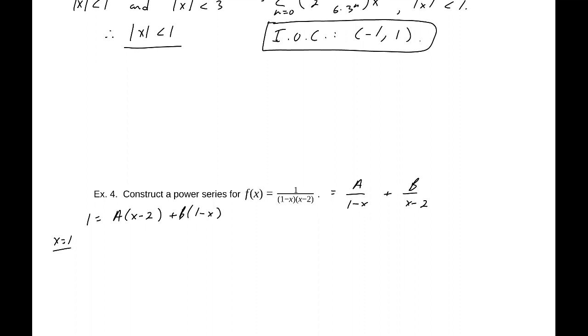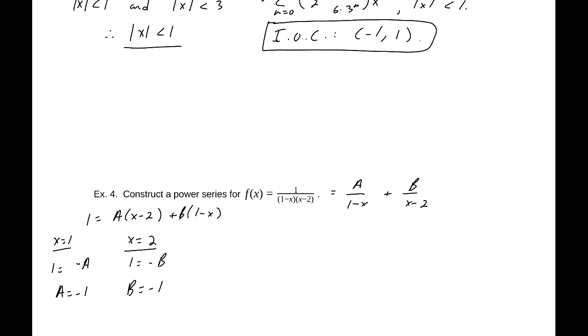For x equals 1, that is 1 equals negative a. A is negative 1. And x equals 2, 1 equals negative b. So b is negative 1.